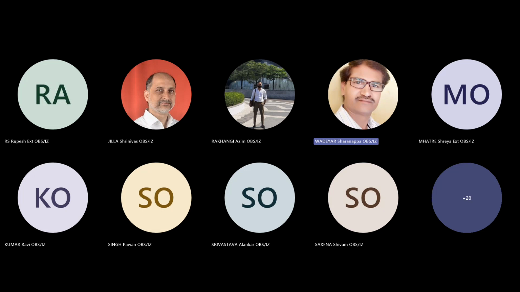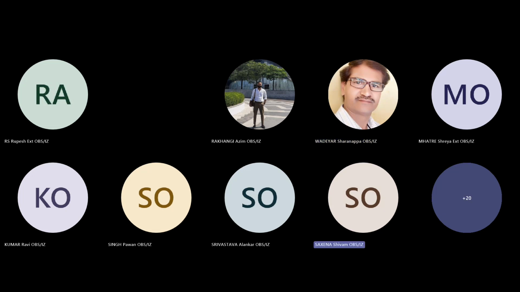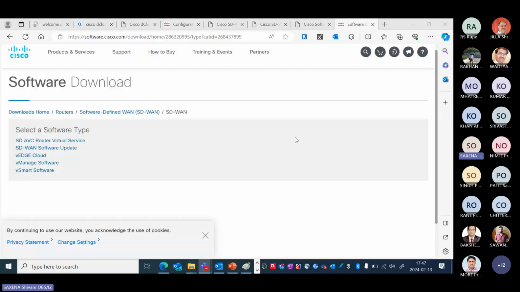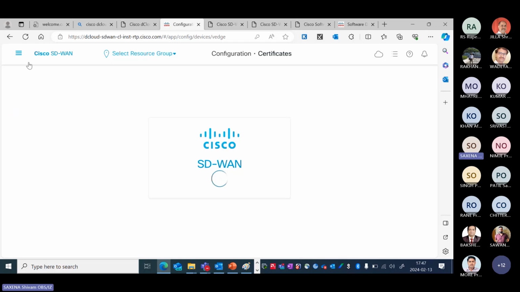If you have a Cisco smart account, then you don't need to go here also. You update that information in the Cisco administration setting, and then you will get updates automatically over your mail.